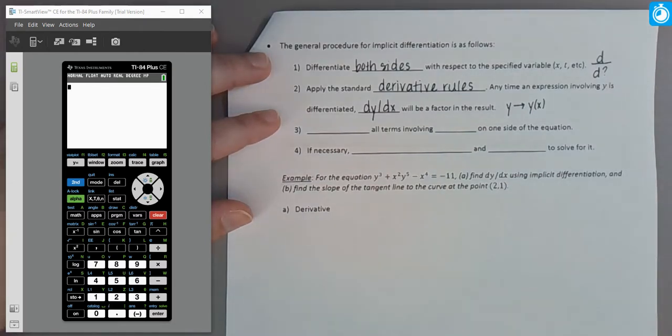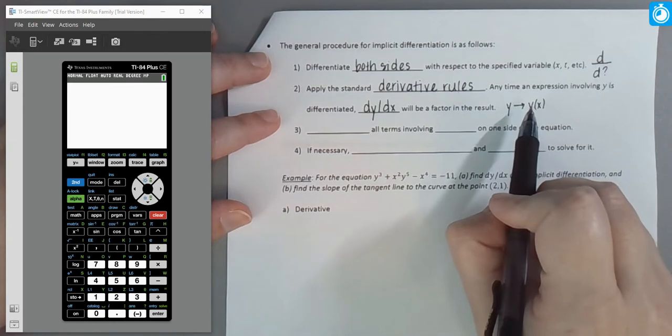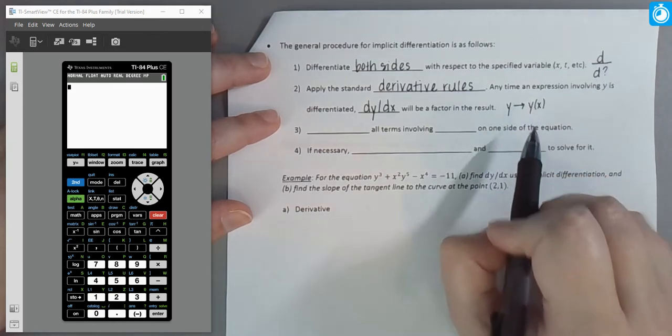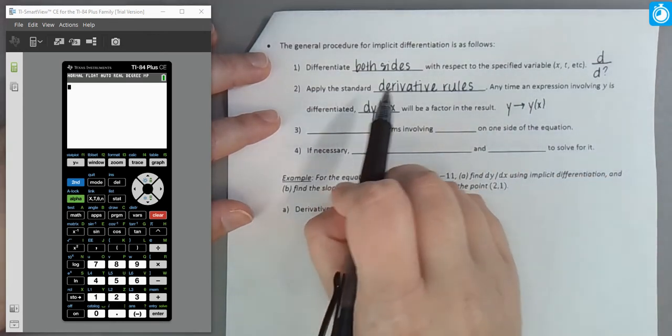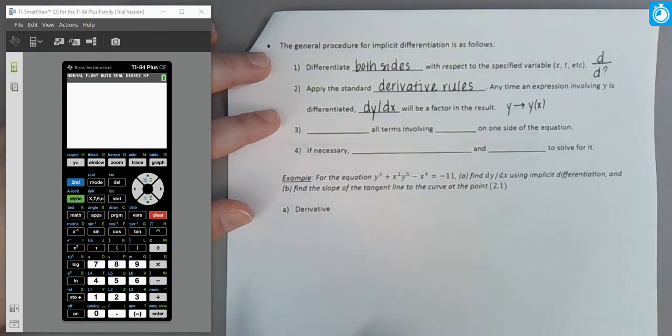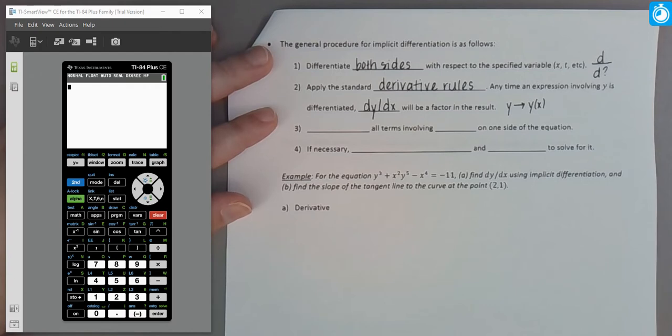We then have a function inside of a function. We use the chain rule. So we have to take the derivative of y, the inner function, with respect to x, and that's just going to be a factor. All you really have to remember, though, is anytime you differentiate something involving y, make sure you multiply by dy/dx in order to indicate that, again, y is not just a variable, y is a function of that input variable x.